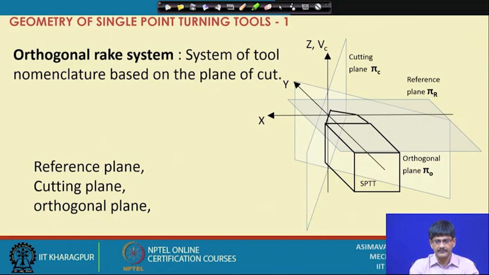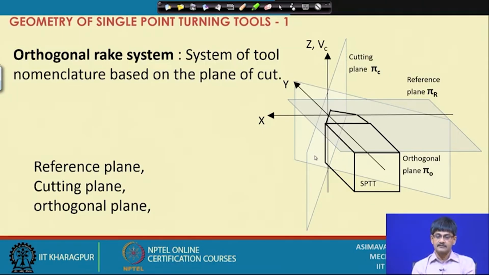In what way? Here we have something called the cutting plane. What is the cutting plane? The cutting plane contains the cutting edge and also the velocity vector. Velocity vector of cut is here, and therefore, this is the cutting plane.